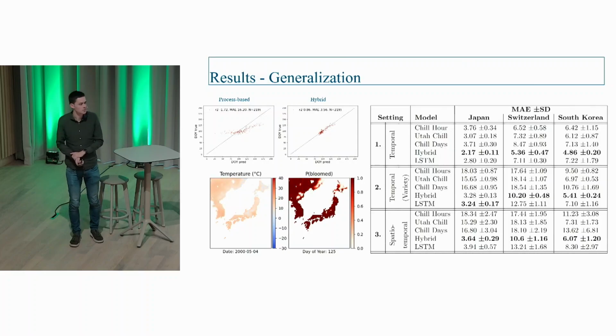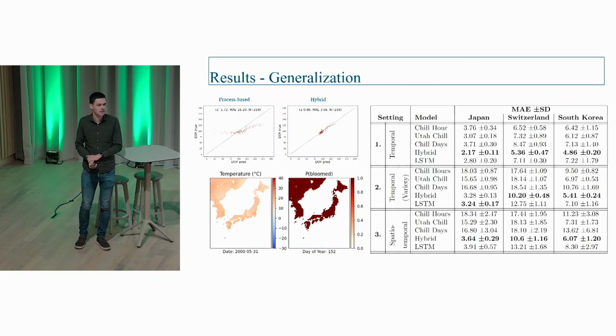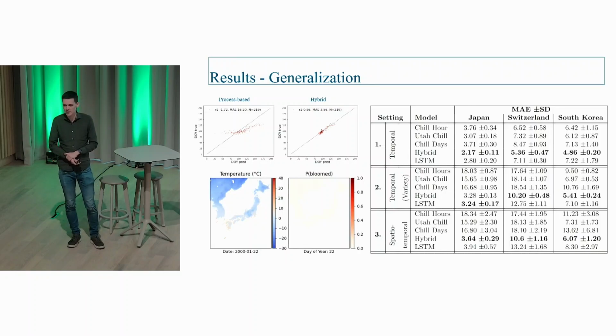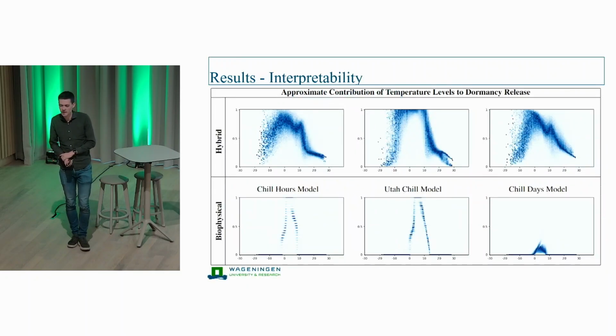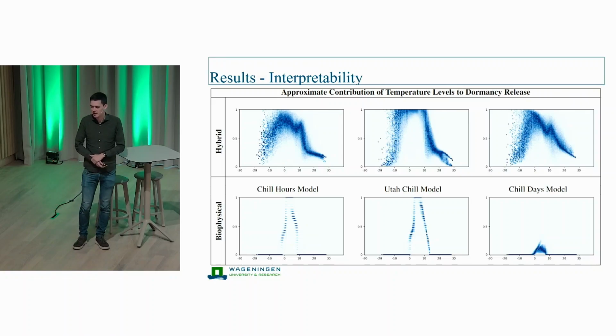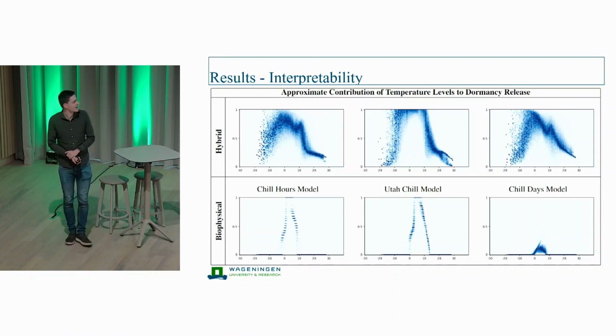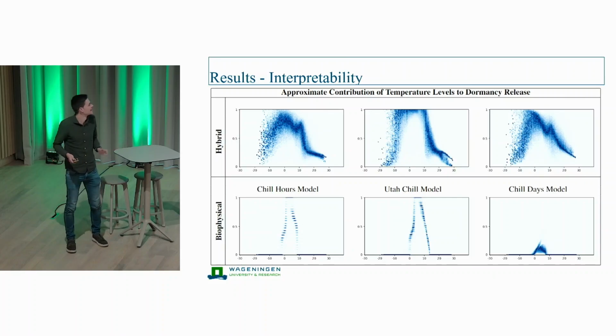But then on to the maybe main question of why we had this model structure: to have this interpretability. We inspected what our model actually learned, and whether it actually makes sense. The brief answer to that is not quite.